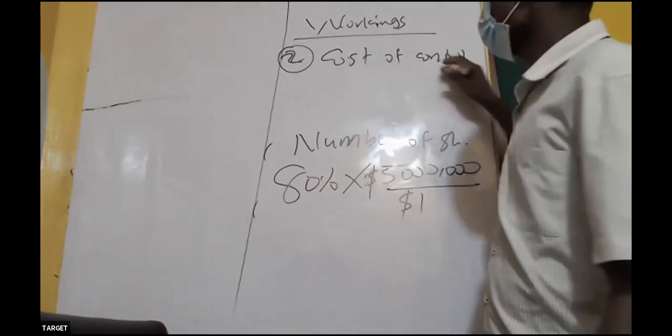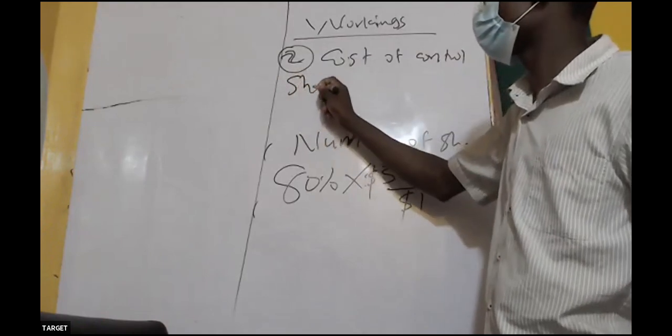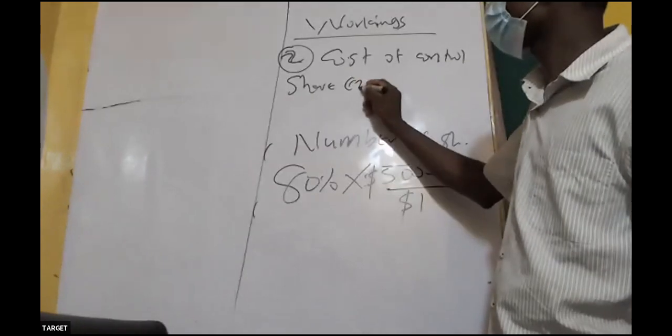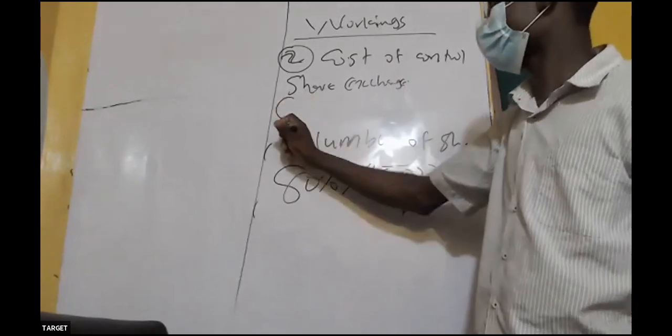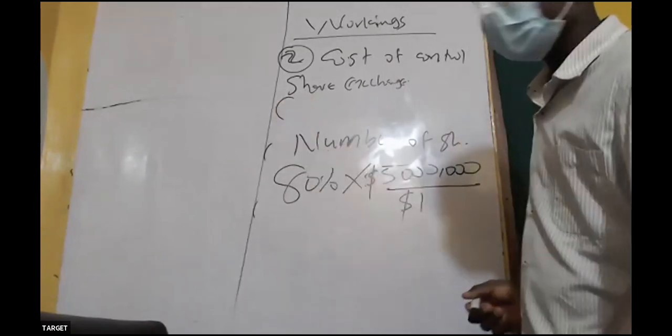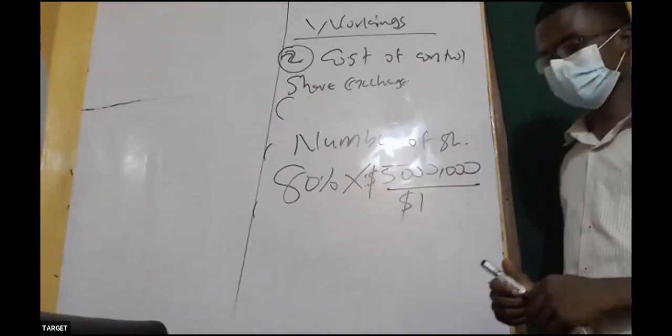Now, right here, cost of consideration or cost of control, start with share exchange. Open a bracket. First of all, get the ratio correct.